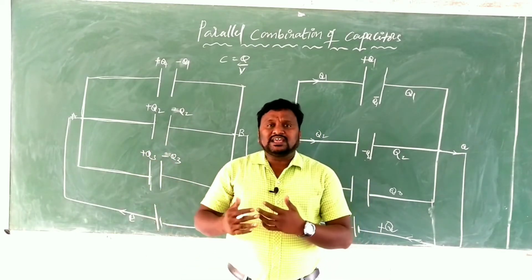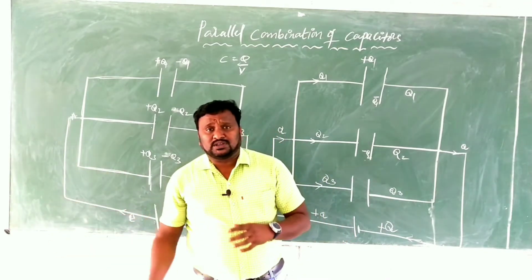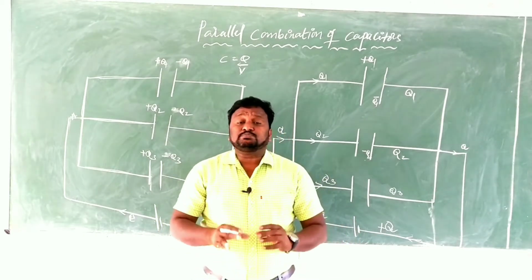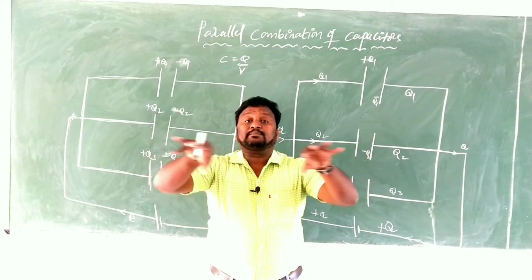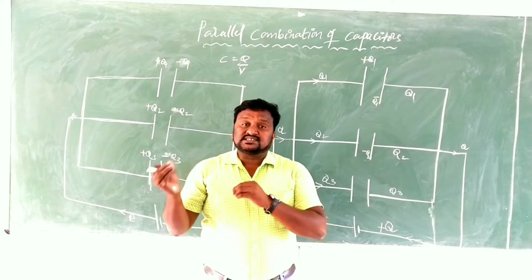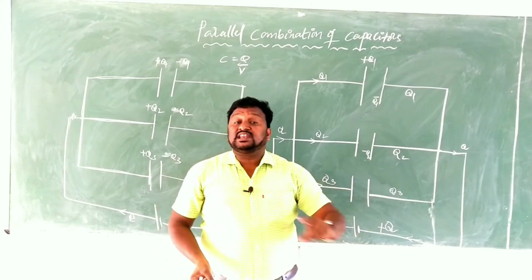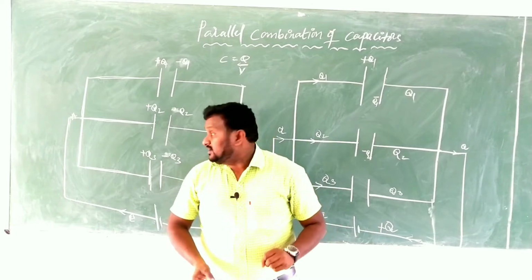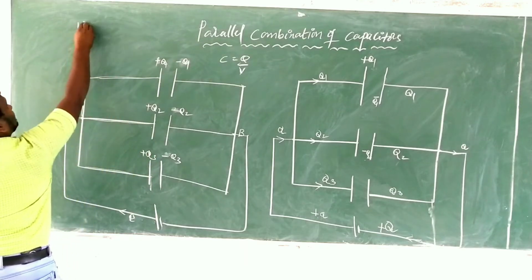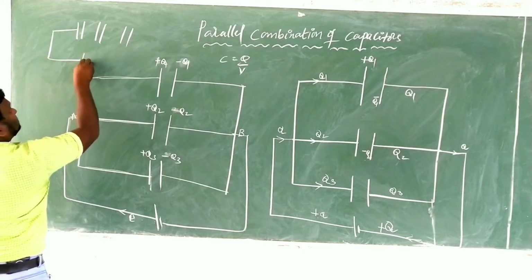If you take a number of capacitors, it would be Q1, Q2, Q3 and so on up to Qn. That means the charge supplied by the battery is distributed to all the capacitors in different paths. In the series combination, the charge supplied by the battery is sent to all the capacitors in one path. For example, I am drawing here the first capacitor, second, third like this, all connected in series.